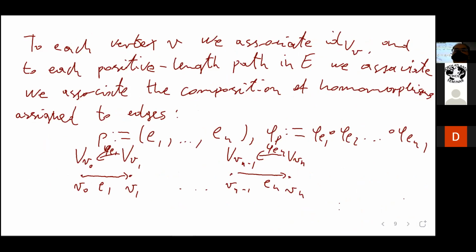We actually assign the projection. No, a projection, or yeah, I guess a projection on the direct summand. Yes. So I erase it.